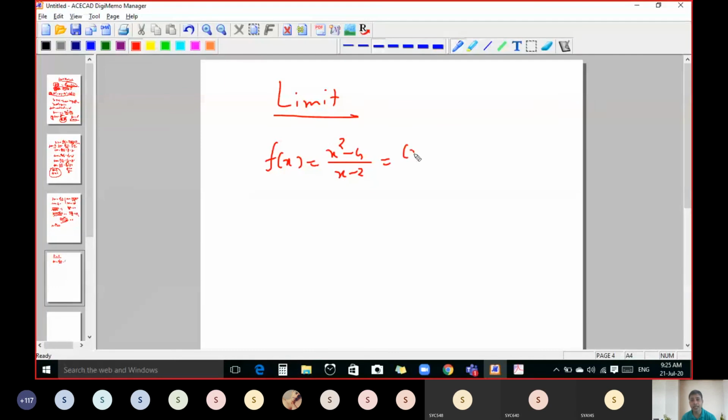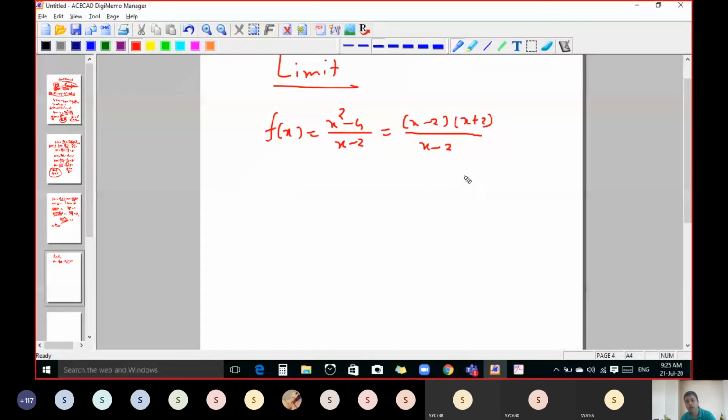You can say that it is nothing but x minus 2 and x plus 2 divided by x minus 2. That is okay. But now you cannot cancel this if x is 2. Means if x is 2, it is not possible to cancel this.